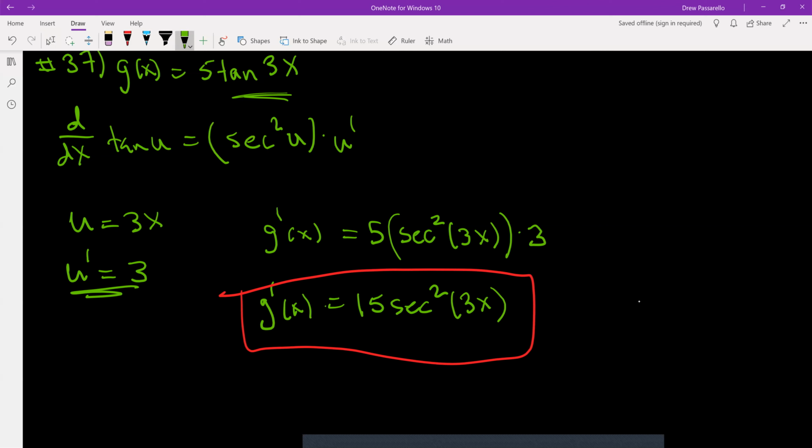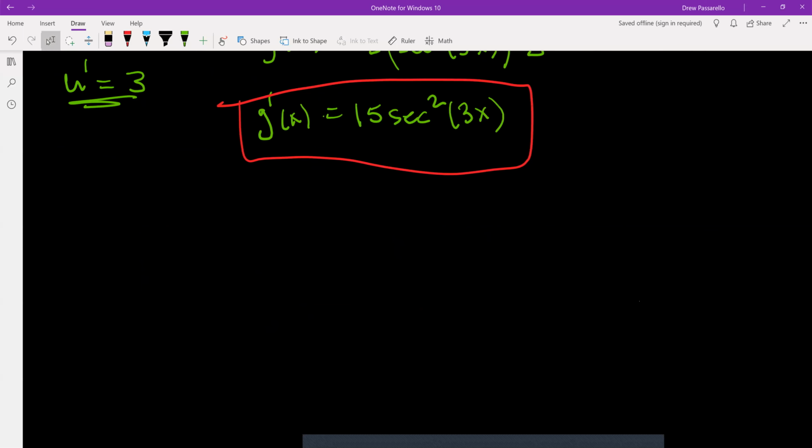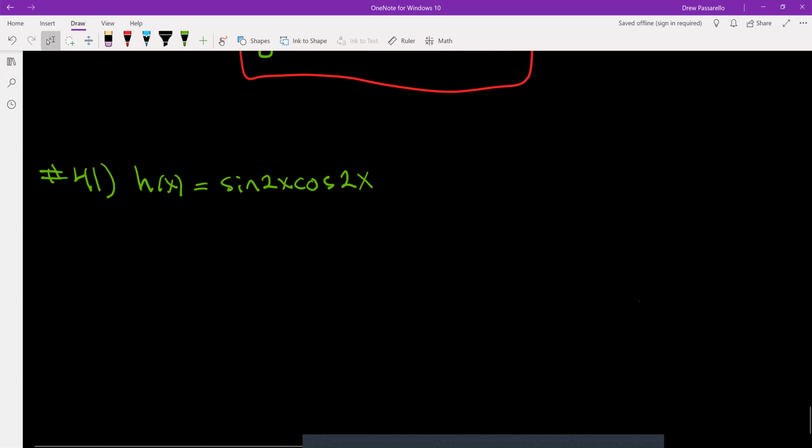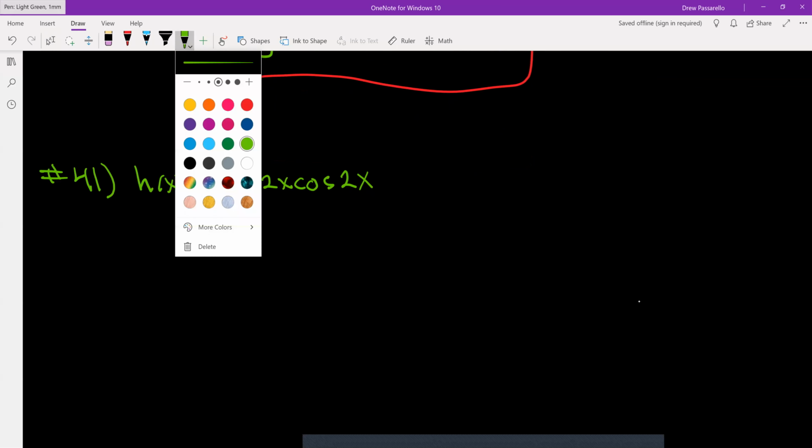Now this next problem is going to be pretty involved, and it's number 41. There are multiple ways you can go about doing the problem. I'm going to show a different way than in the notes on Blackboard.